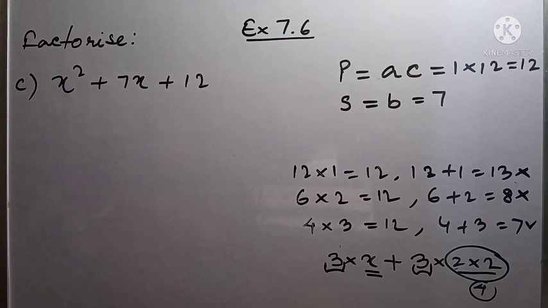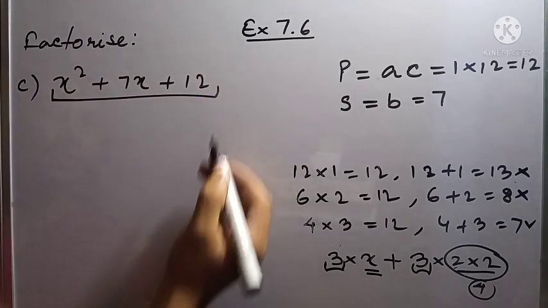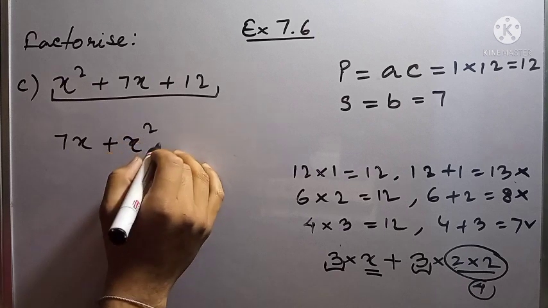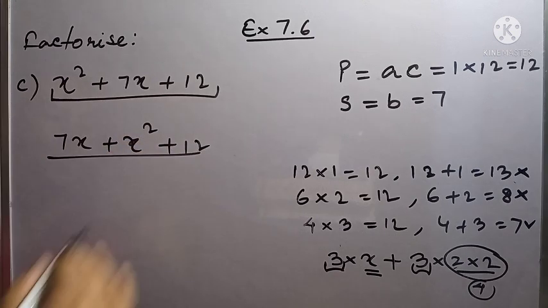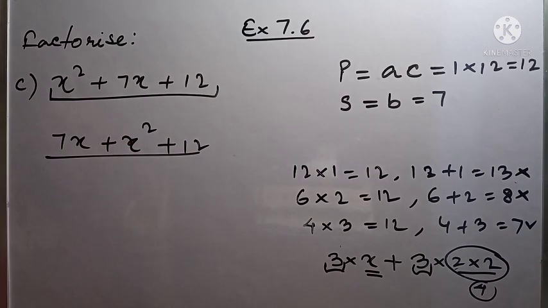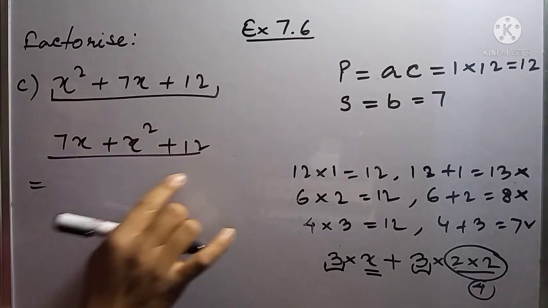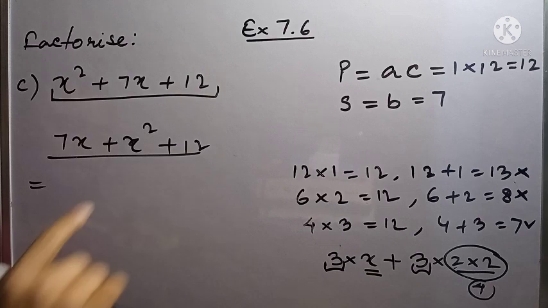Okay, listen. I will put here one very important point here. This question, instead of giving in this way, if the question gives you 7x plus x squared plus 12, how are you going to solve? First, you'll arrange like this. Out of these 3 terms, where do you find the biggest power of x?